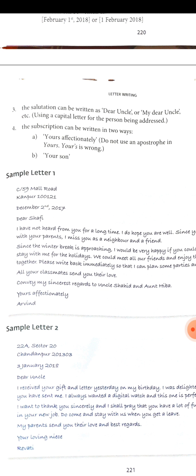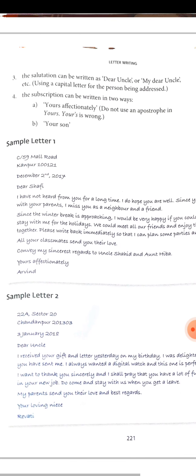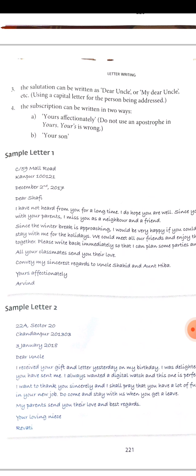So please be alert while you're writing your letter. And you can write your son. You can write the relation which you have with that person, or you can simply write yours affectionately, or your son. These are the subscriptions. You can write the subscription in these two formats.